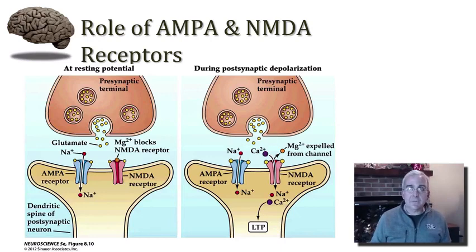These two different kinds of receptors are both ionotropic receptors for glutamate, which means that the site for binding glutamate is part of an ion channel. And both of these ionotropic receptors, therefore, can mediate rapid conductances in that postsynaptic cell. Well, let's look at how they both contribute to the induction and the maintenance of long-term potentiation.